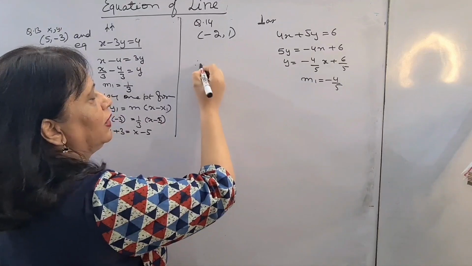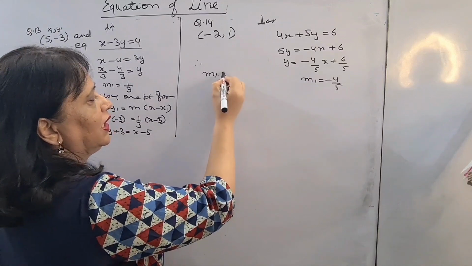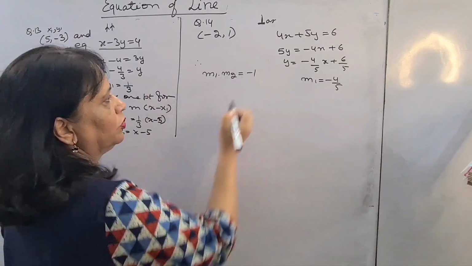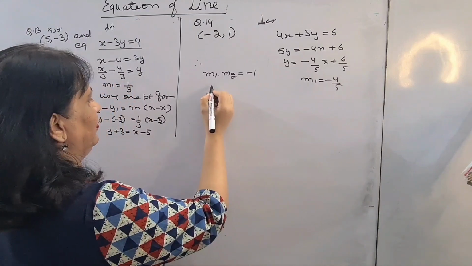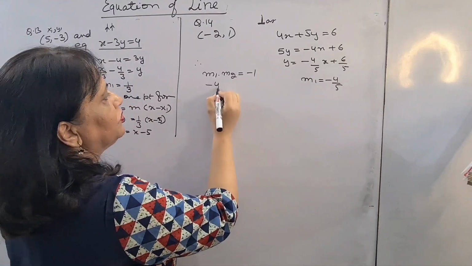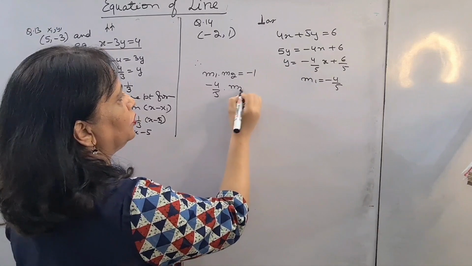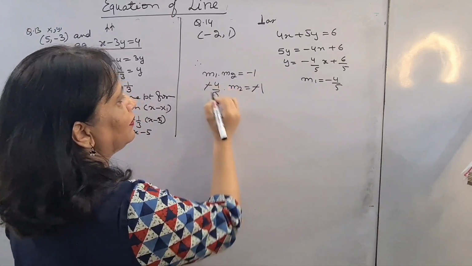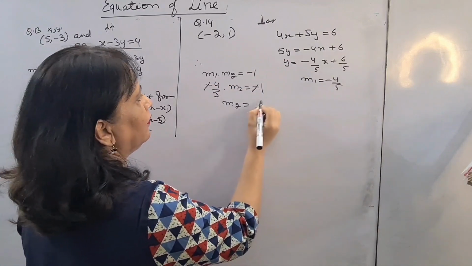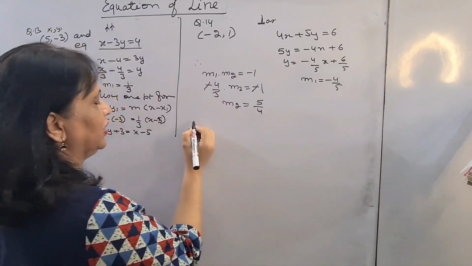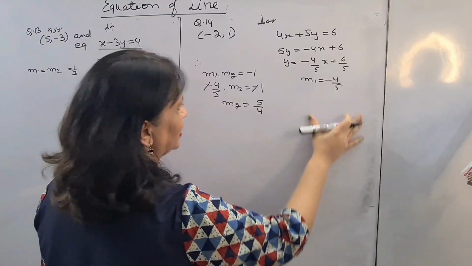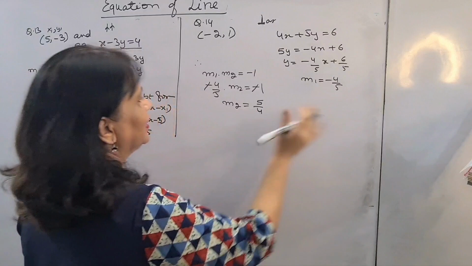So what will be m2? I will take the condition m1 into m2 is equal to minus 1. Or this will be minus 4 by 5 into m2 is equal to minus 1, cancel minus, or m2 will be 5 by 4. Again using one point form, which you have to mention at the side because they carry marks.